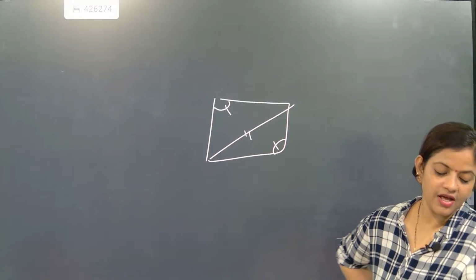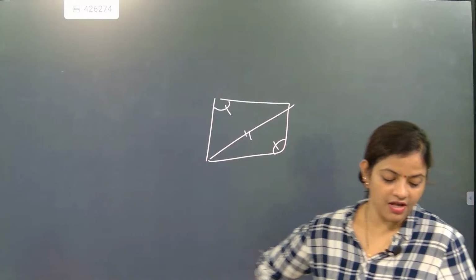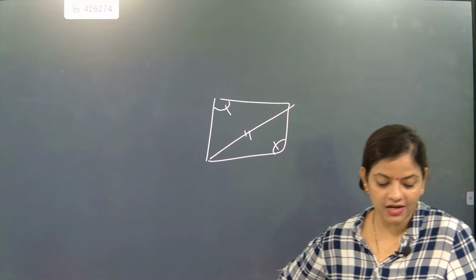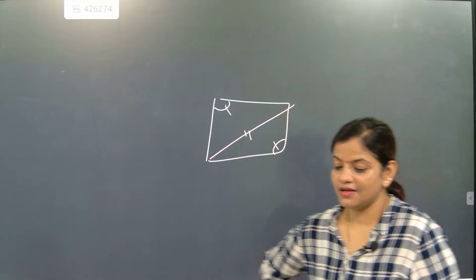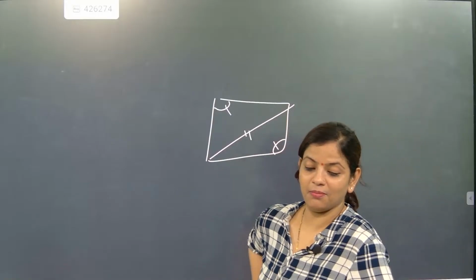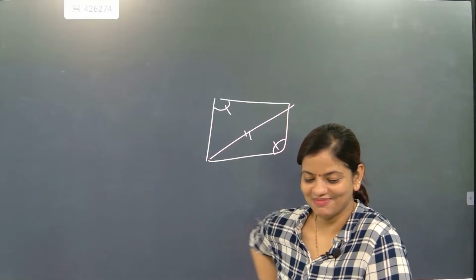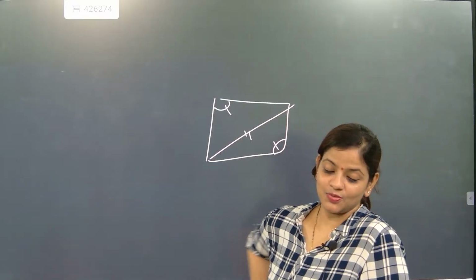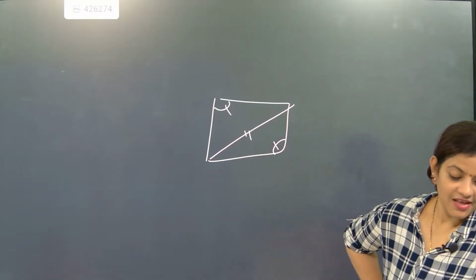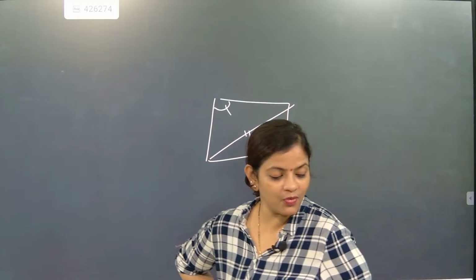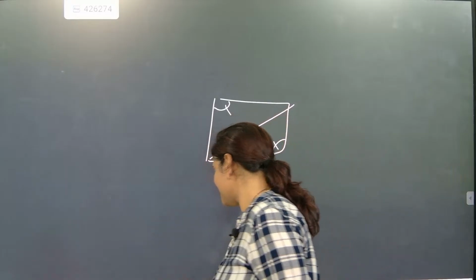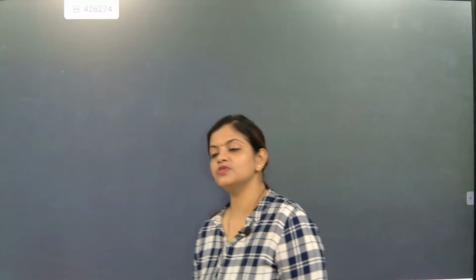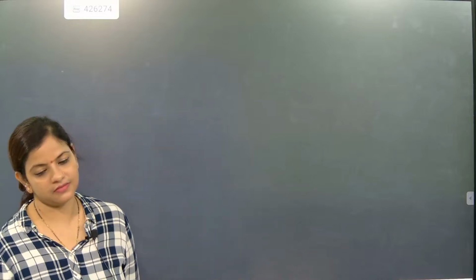I am going to read. If in a quadrilateral each pair of opposite angles is equal. What's your name? Khushbu. In a quadrilateral, each pair of opposite angles is equal. Understood?